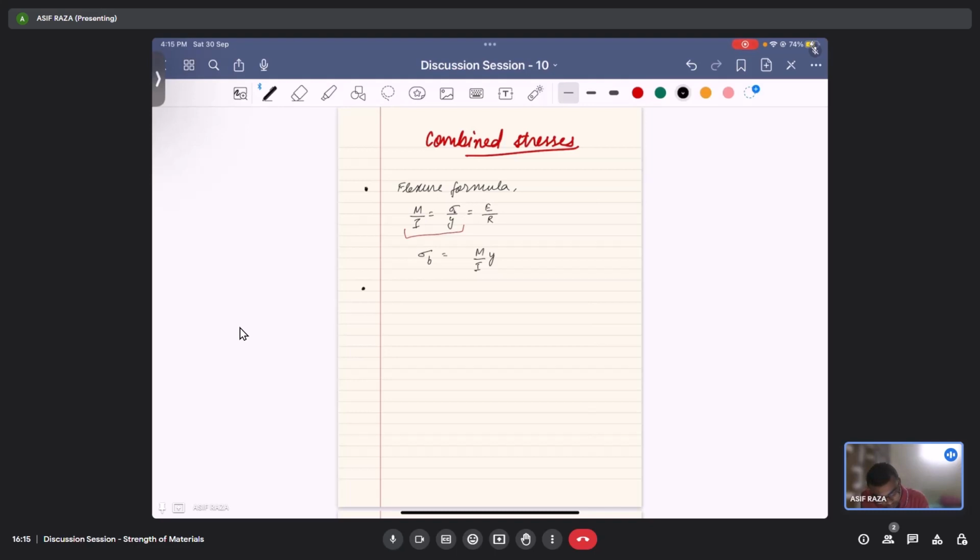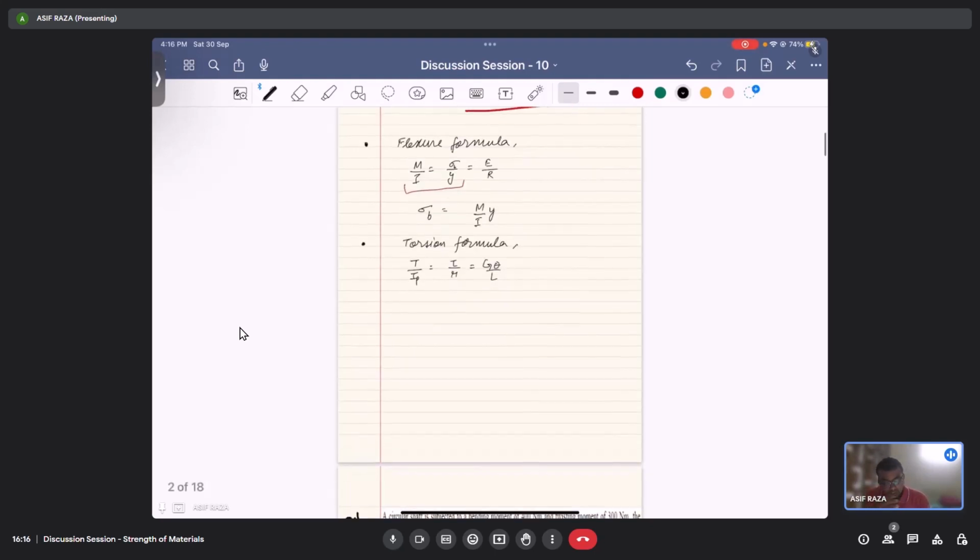Now the torsion formula. I hope you all remember what the notations mean.